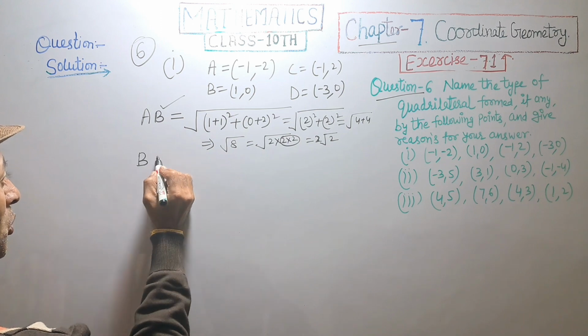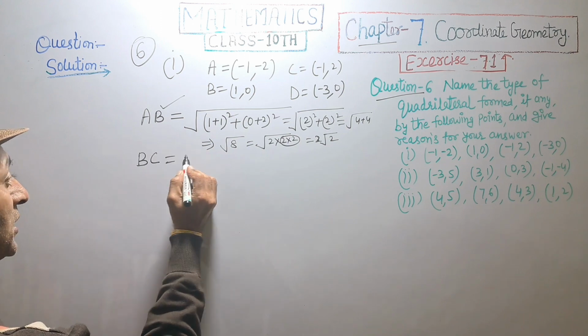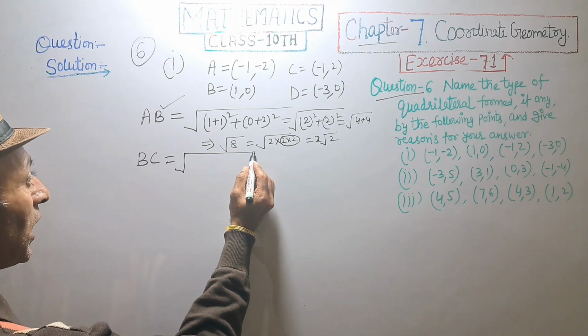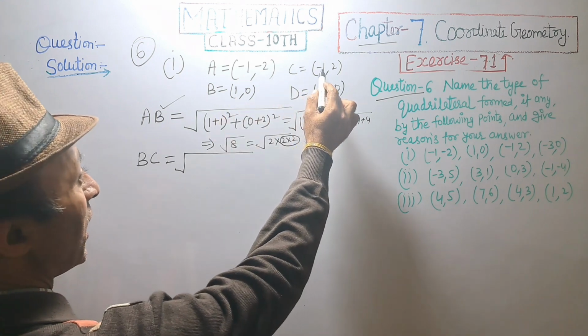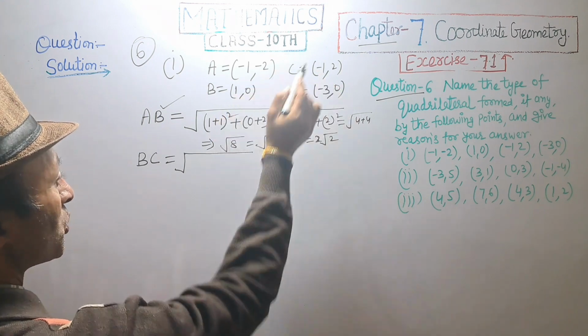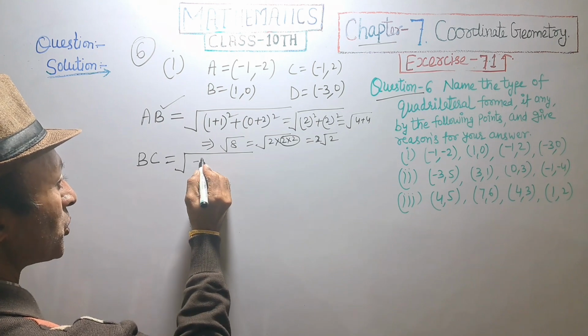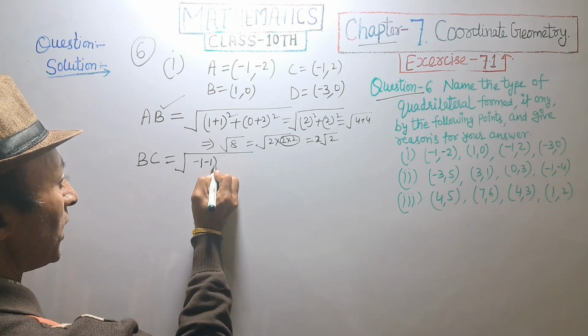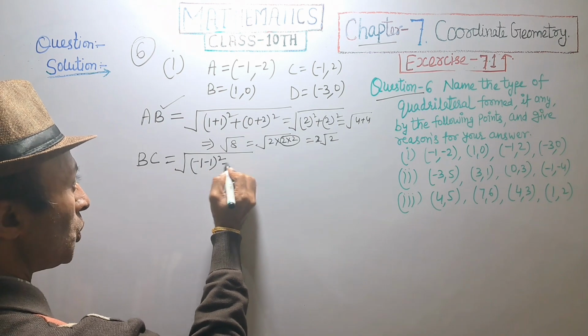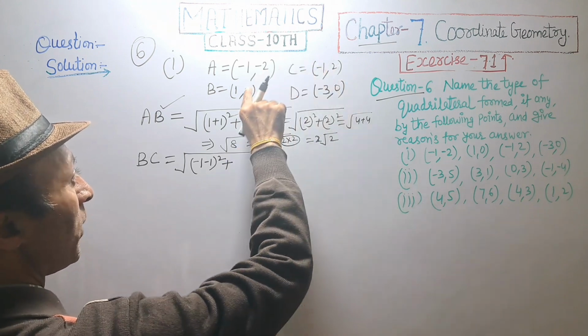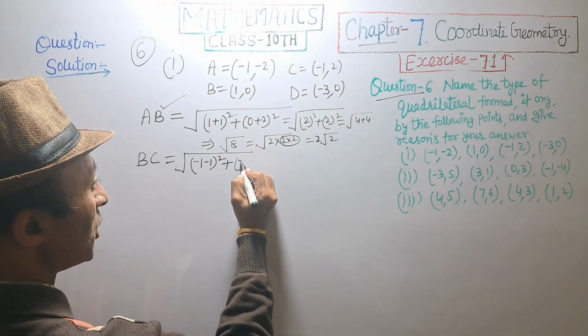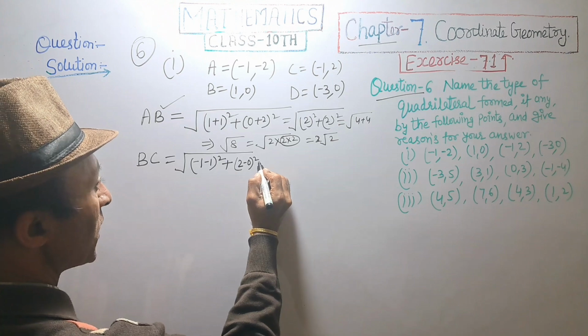On the same process, BC by distance formula, B and C: (x2 minus x1) square, that is (minus 1 minus 1) raised to power 2, plus (y2 minus y1) square, (2 minus 0) square.